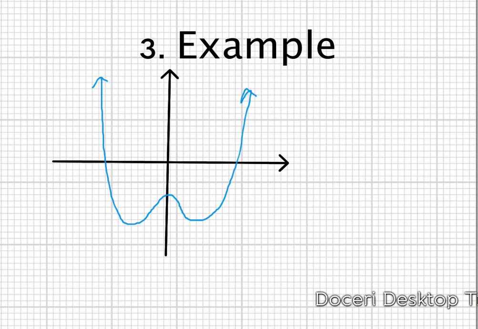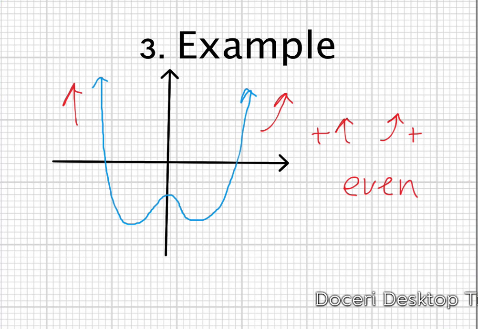Okay? The way you tell if it's an even or an odd is you look at what happens at the end. Okay? So you'll notice that on the right side, I go up on the right, and on the left side, I go up on the left. So because I go up and up on both, or positive and positive on both, this will be even.